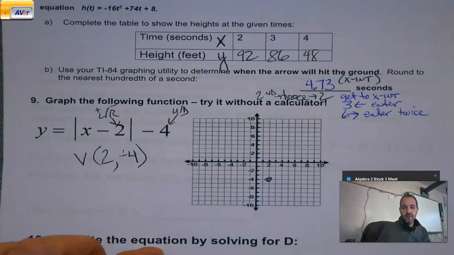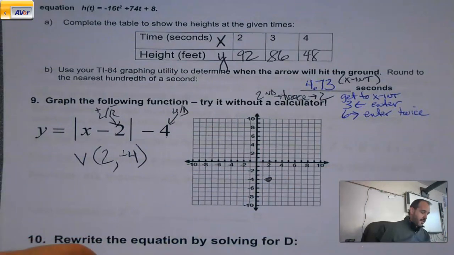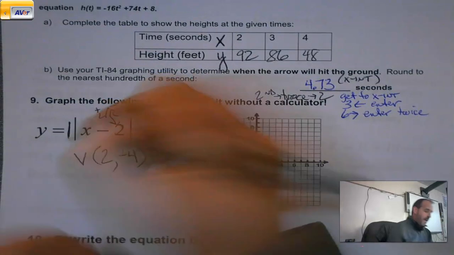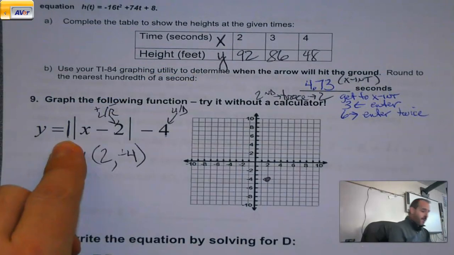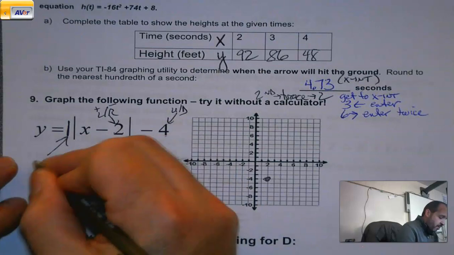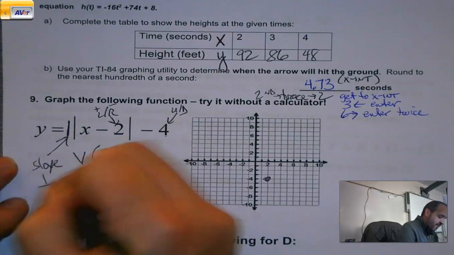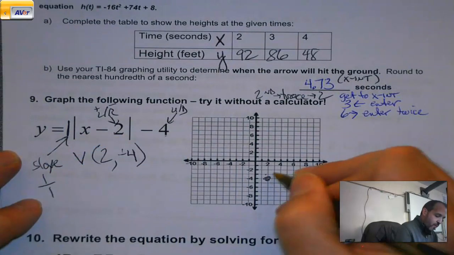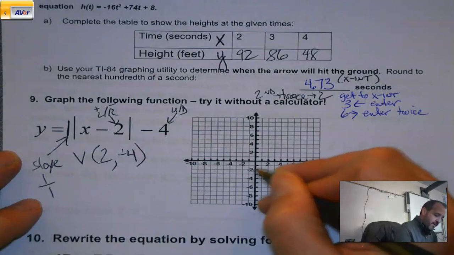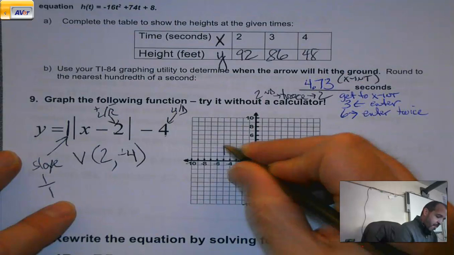Put my vertex, and then we have a value in front of 1, which is my slope. So it just means go up 1 and over 1, each direction. Up 1 and over 1, each direction to make my v.